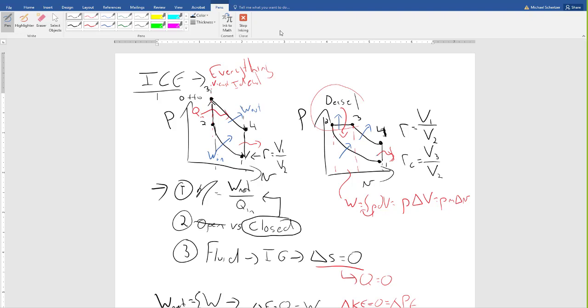Now, there is this trick, right? Let's see if I can do it on the fly here. Because we can only use these isentropic relationships when we have only work, right? So for the diesel problems, you're probably going to have to find something like V4 over V3. The first thing we have to remember is that V4 is the same thing as V1.